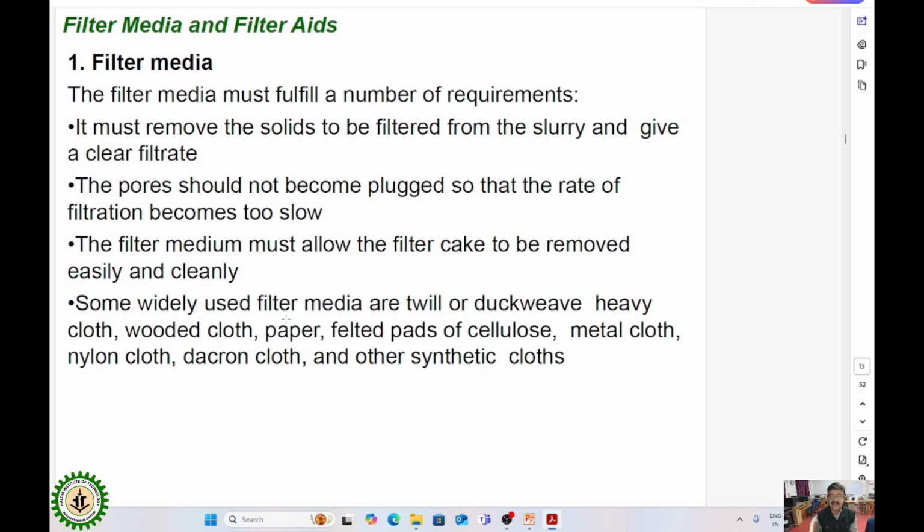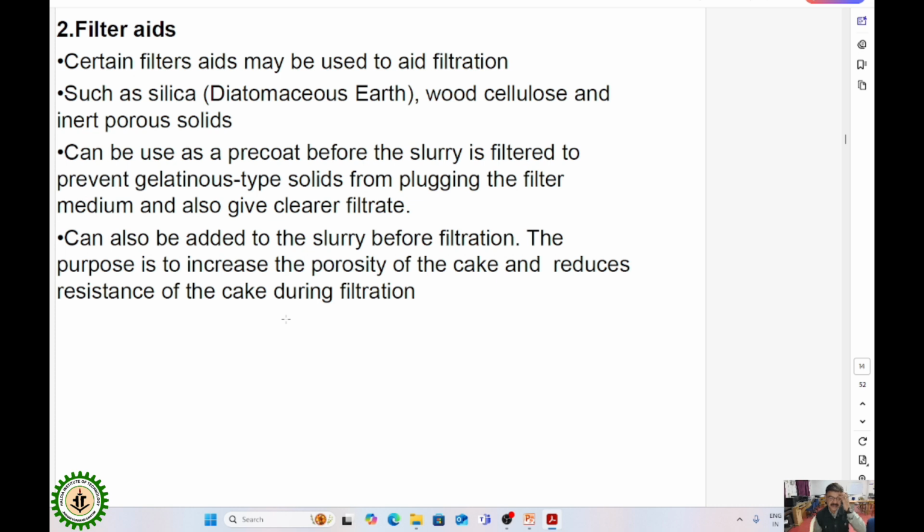And filter aid is a different thing. Filter aid is a material used to extend the time of filtration, because in the cake filtration process particularly, with time the deposited solid builds up on the surface of the filtering media in the form of cake, and gradually the thickness of the cake increases. As the thickness of the deposited cake increases, it provides more resistance to filtration.